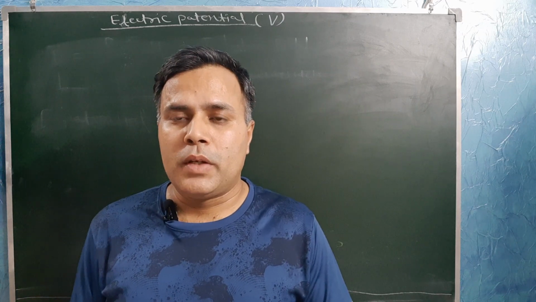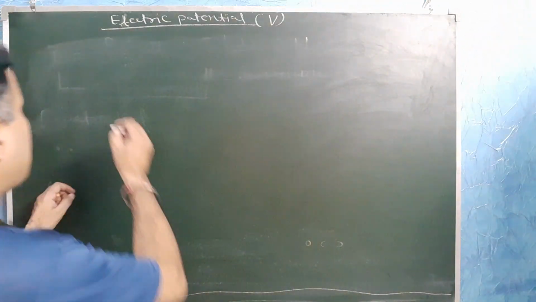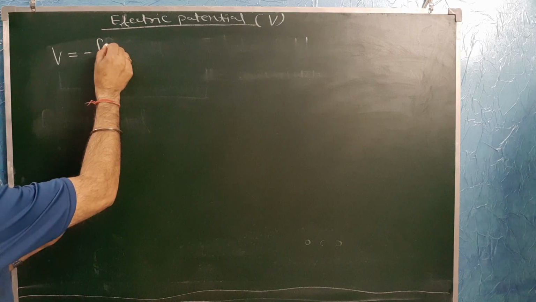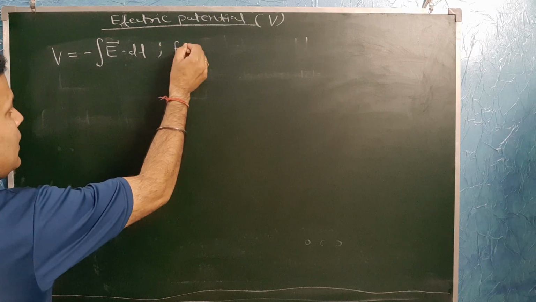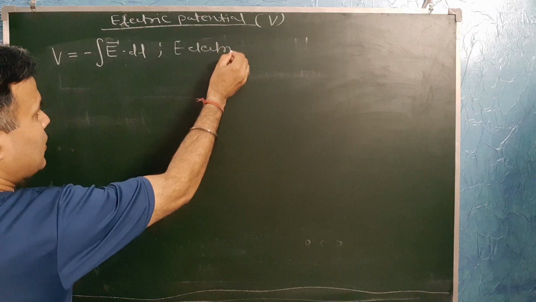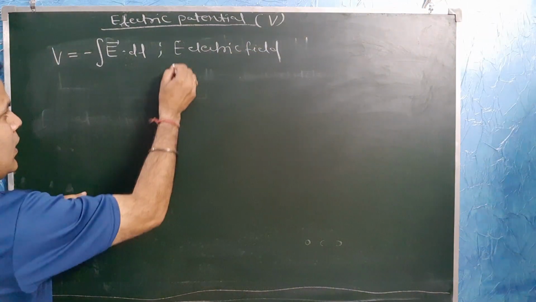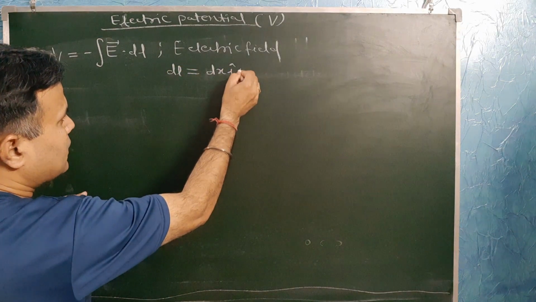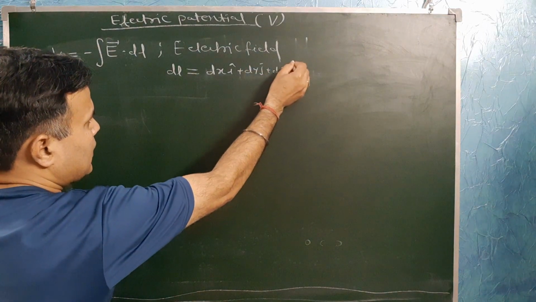This is the simple definition of electric potential, and mathematically it is expressed as V equals minus integral of E dot dl, where E is the electric field and dl is a length element, which in the Cartesian coordinate system is dx i cap, dy j cap and dz k cap.